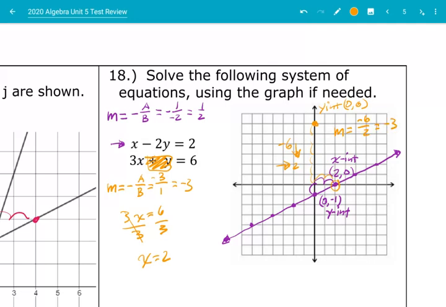So I can go down 3, 1, 2, 3, and over 1 to find that other point. Down 3 and over 1 is right there again. 1, 2, 3 and over 1 is right there on the y-intercept. And down 3 and over 1. There we go. So here's our other line. It's right through like that. Not very straight, but you get the idea.